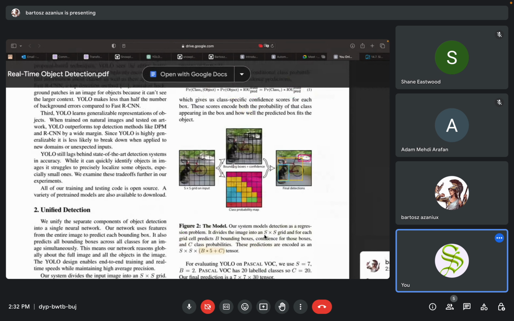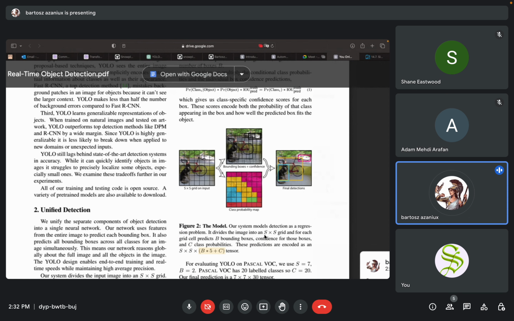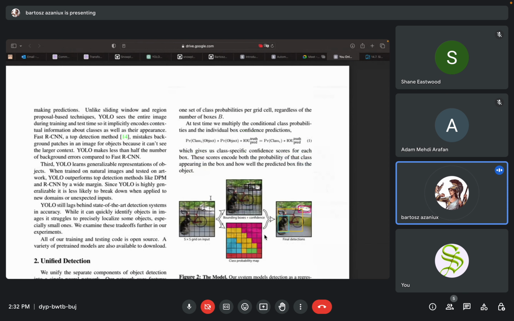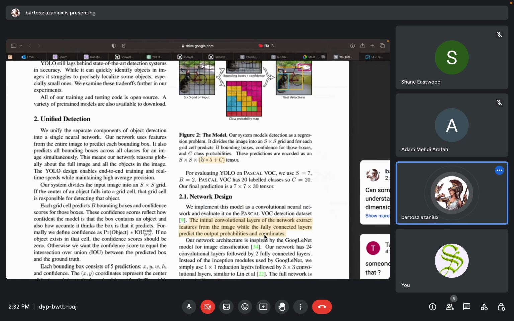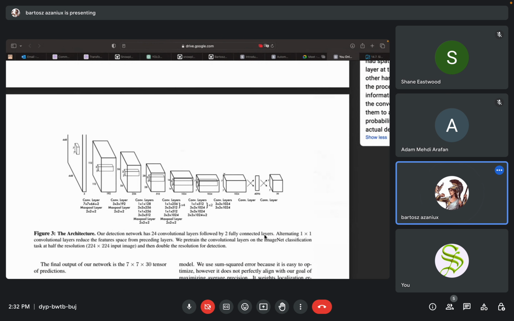So at training time, what they do is, and here's what I found tricky, essentially, for the final feature map, they take values from this.